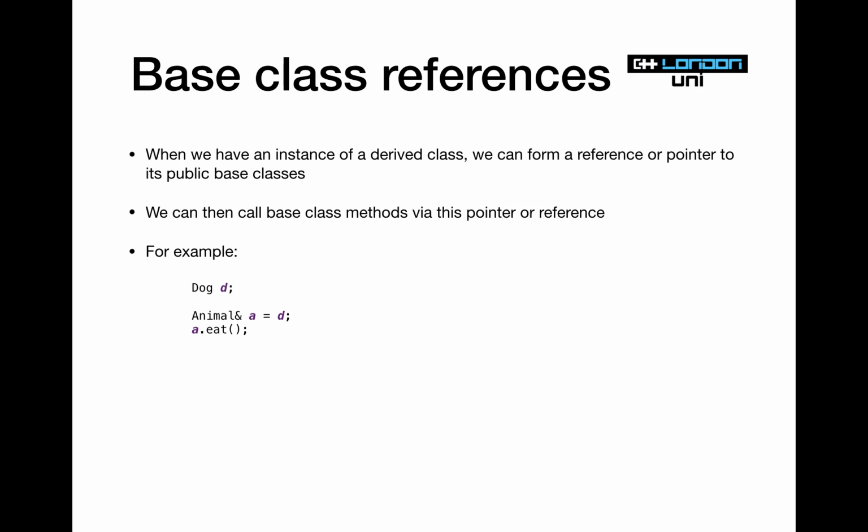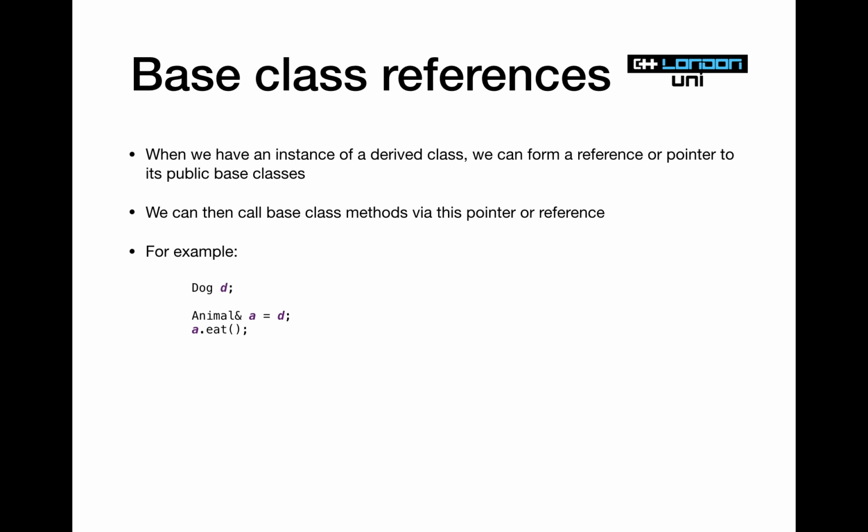If we wrote a method of some other class that took an animal reference, we could pass in a dog, or a penguin, or a zebra. The only difference is that in C++, we make our use of references explicit with this little ampersand symbol, whereas in Java, because it's simpler in some respects, the use of references is implicit.